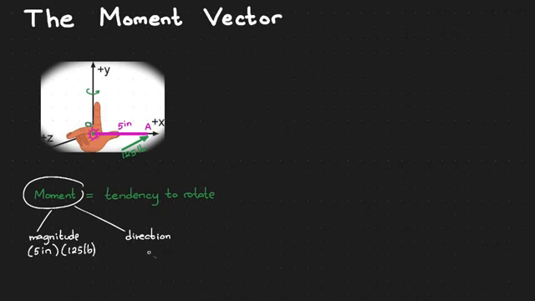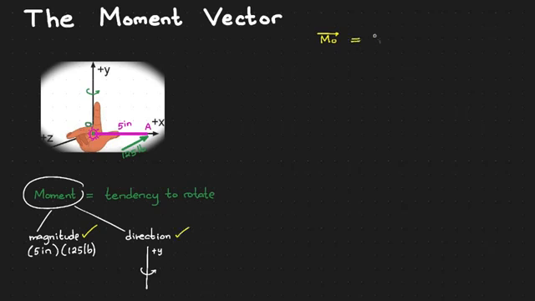What about the sense of direction? Isn't the direction just about the positive y-axis, which is in this particular direction? Let's express this mathematically. Moment about point O is a vector because it has magnitude and it has direction.